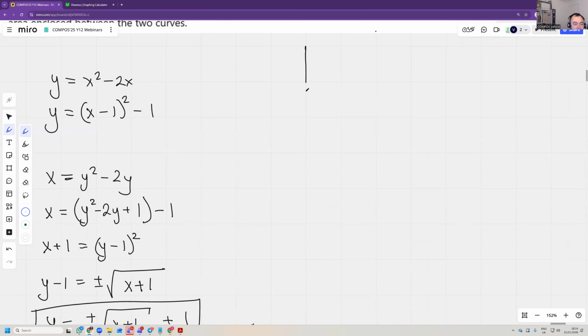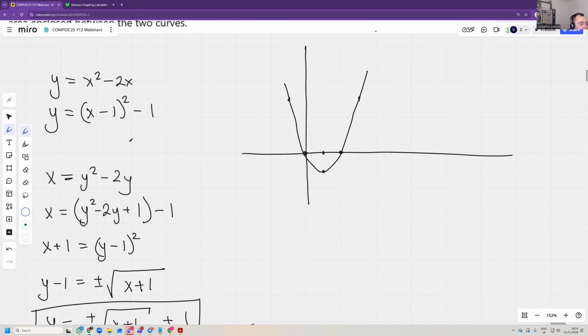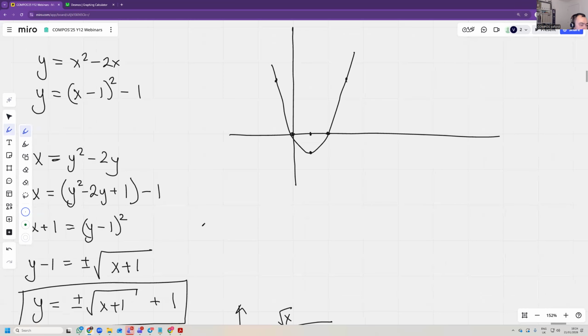Now we can redraw this. So the first one was 1 and minus 1. And the second one was square root of x plus 1. So it's shifted to the left and up.